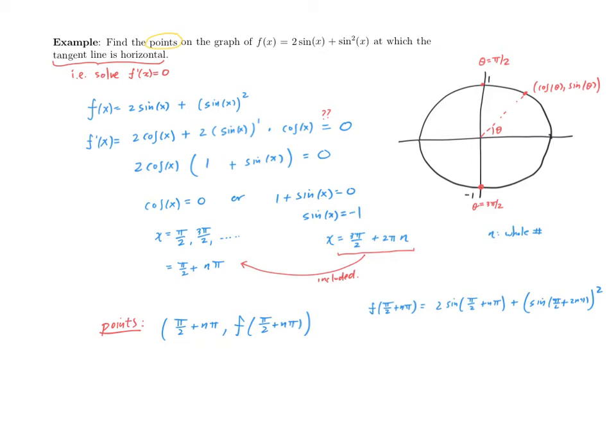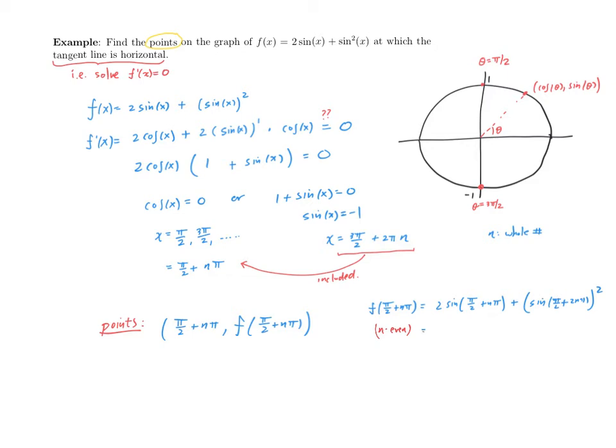So note, if n happens to be 1, then you're at 3 pi over 2, where sine is equal to minus 1. But if n happens to be, say, 0 or 2, you're at pi over 2, or if you go 2 pi around, you're back at pi over 2. So the value of sine there would be 1. And in the second piece, it doesn't really matter what it is because it's plus or minus 1 and we're just squaring it.